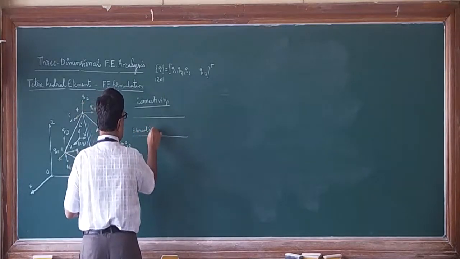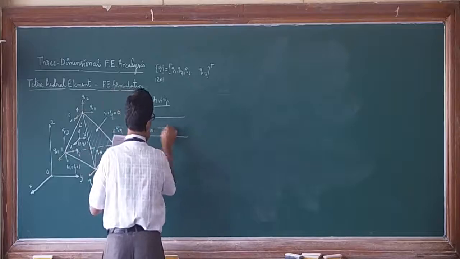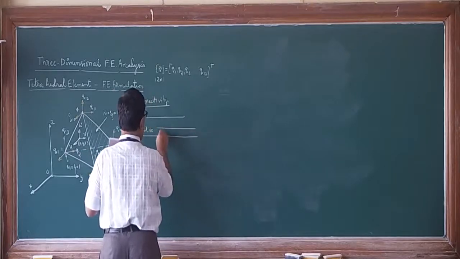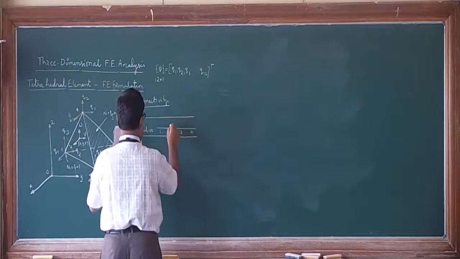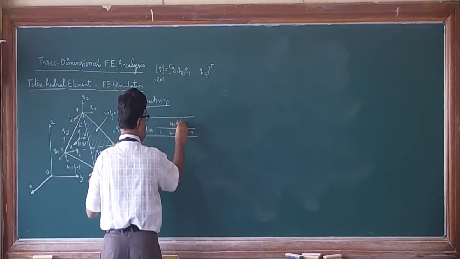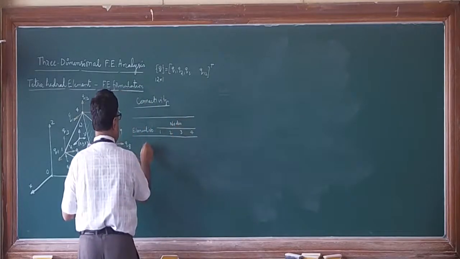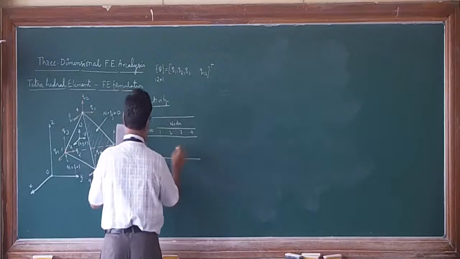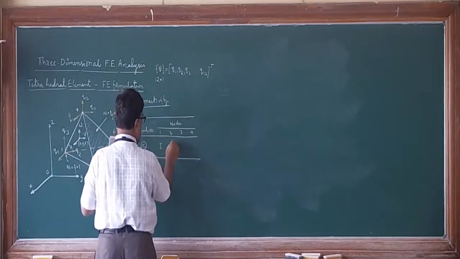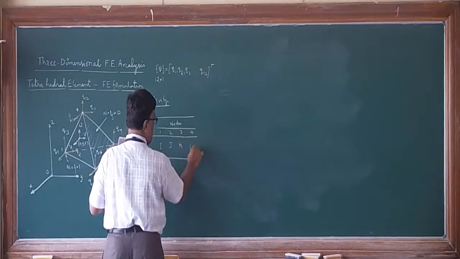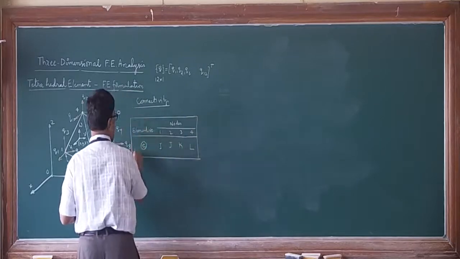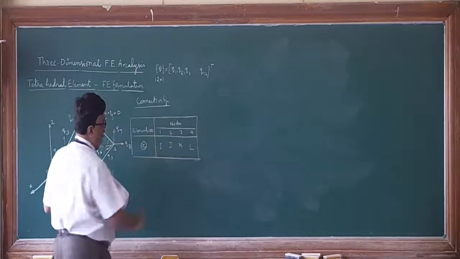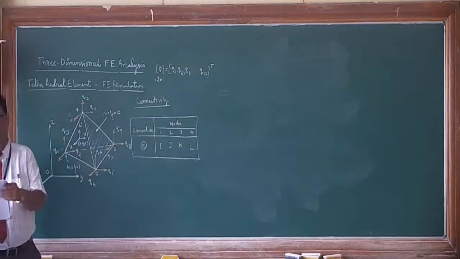This is the element number, and here we have 1, 2, 3, and 4, which are the 4 nodes. And this is the element E. For this, we have I, J, K, and L. We are naming them as I, J, K, L. This is the element connectivity which has been done.